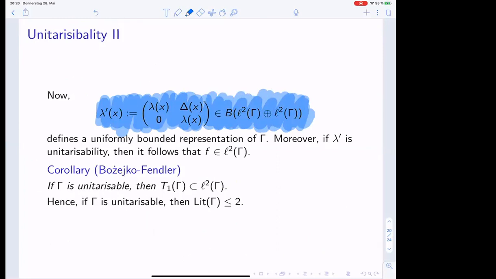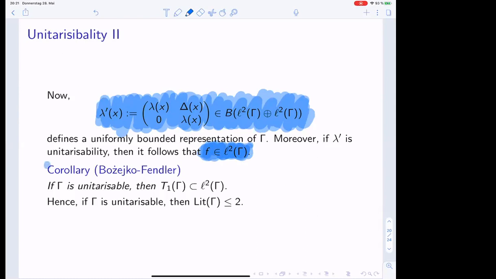And you can see that if lambda is unitarizable, then it follows that this function f, which is essentially a matrix coefficient of this delta, has to be in L2. It uses a few more tricks, but it's believable that this must be the case.